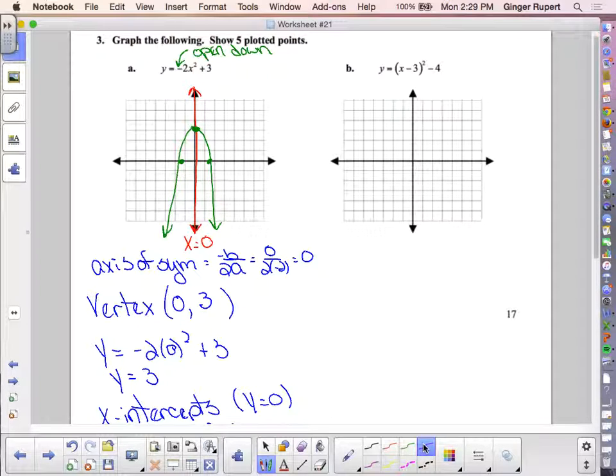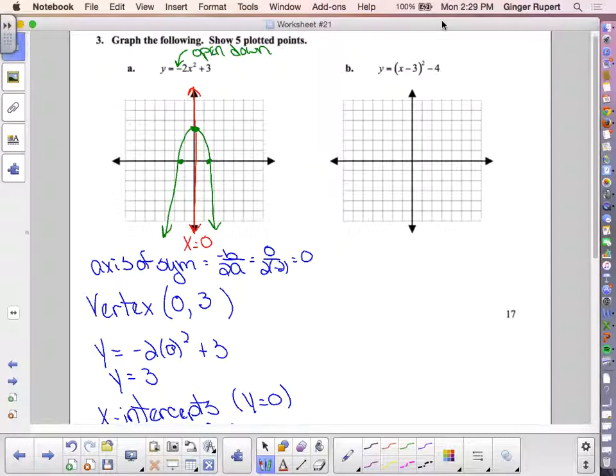Now B is in vertex form, so that makes it fairly easy. You know that the axis of symmetry is also the x-coordinate of the vertex. The vertex is at 3, -4, so the axis of symmetry is at 3.